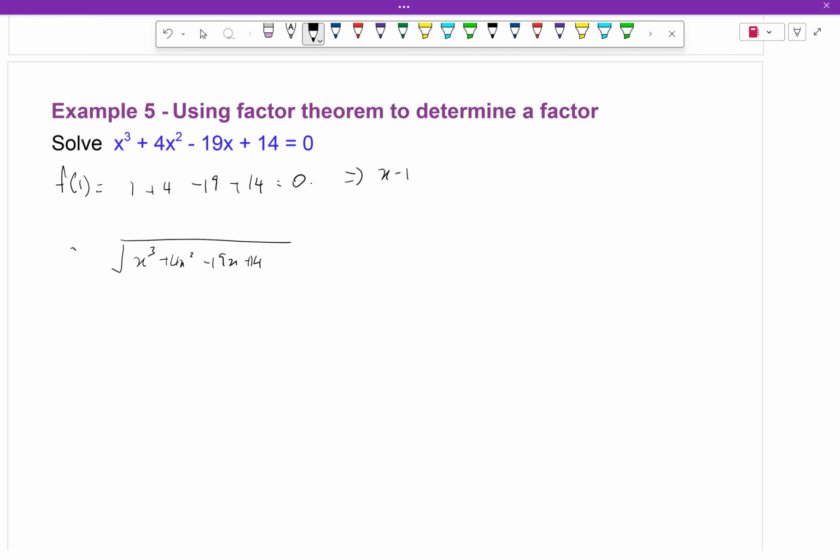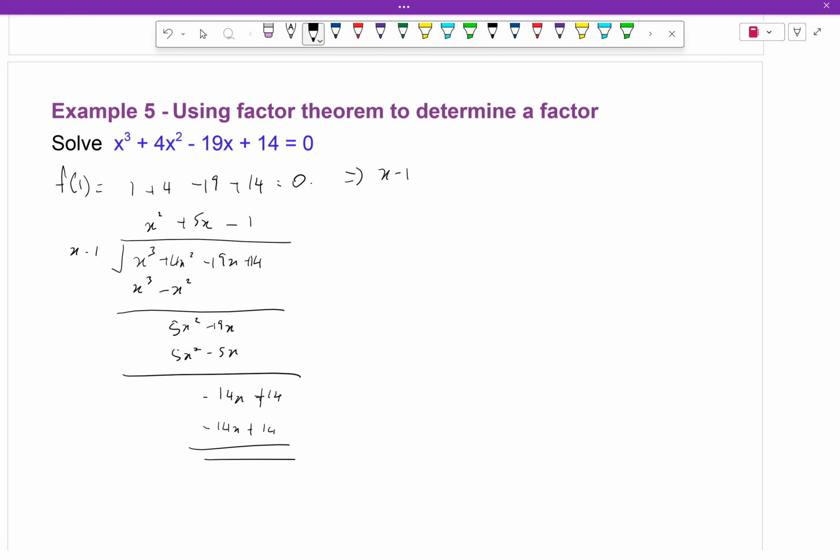Okay, so yeah, minus 1. So that becomes x cubed plus 5x squared, and so on, so it should be 12. Done. 14.